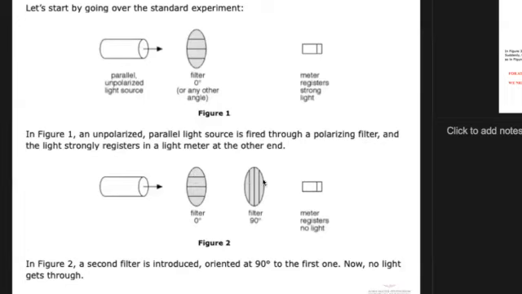Now we put two filters, and they are one perpendicular to the other, and then the light does not go through. Do we need quantum mechanics to explain it? Well, it's like closing a faucet. It's like water not going through it. We are doing something, and the water is not going through.